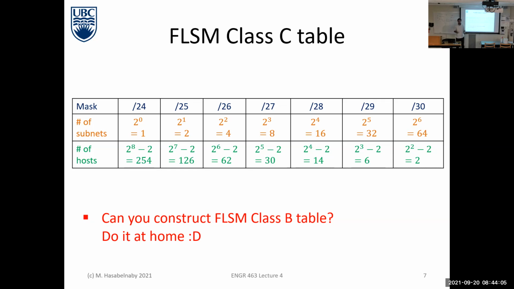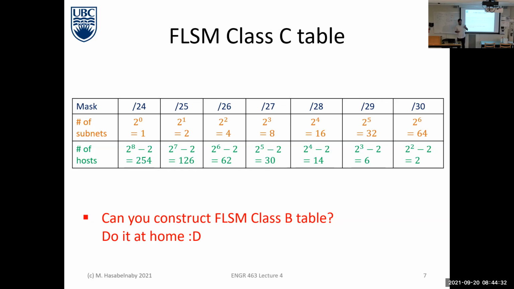So the number of subnets that I can serve, remember we are in fixed length subnet mask, using fixed length subnet mask, the number of subnets is 2^4, so we can serve 16 networks. And what is the number of hosts per each subnet?